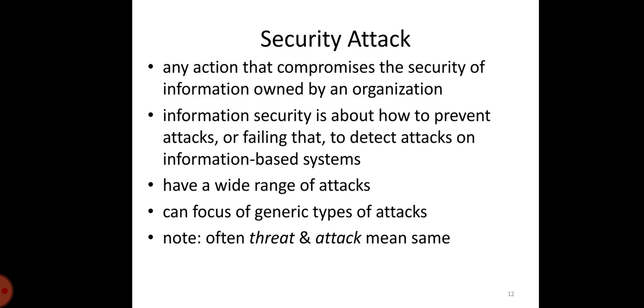Security attack: any action that compromises the security of information owned by an organization. Information security is about how to prevent attacks or, failing that, to detect attacks on information based systems. There is a wide range of attacks that can be focused on generic types of attacks.